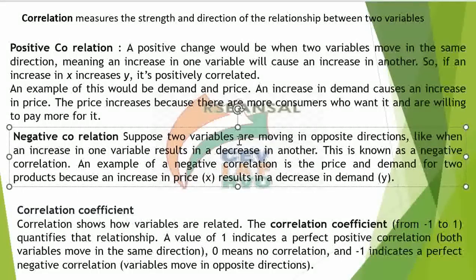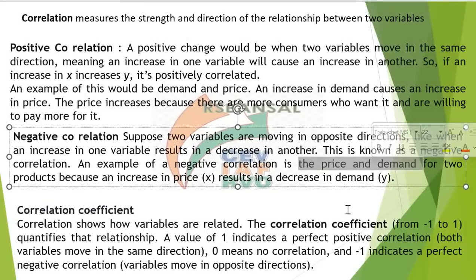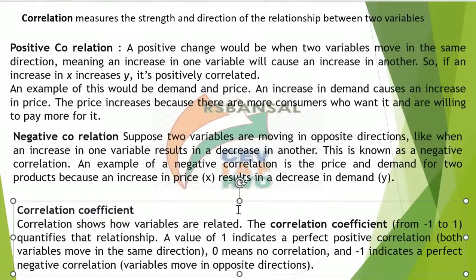Suppose two variables are moving in opposite directions, like when an increase in one variable results in a decrease in another. This is known as a negative correlation. An example is price and demand. As the price increases, demand will decrease. So we will call them negatively related to each other.